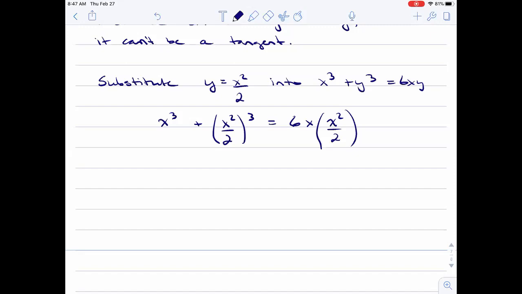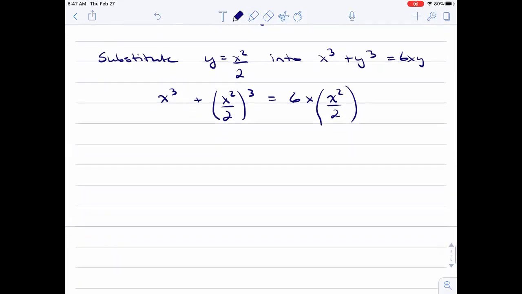If we simplify this a little bit, I get x to the 3 plus x to the power of 2 times 3, which is x to the 6, over 2 to the power of 3, which is 8. 6 divided by 2 is 3, and then x times x squared is x to the power of 3.